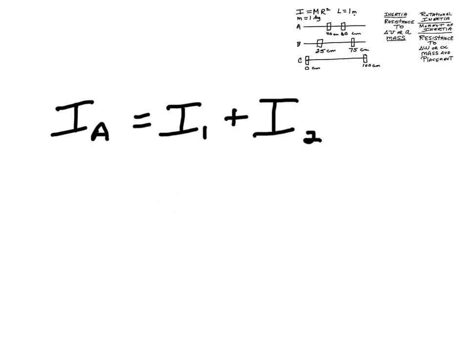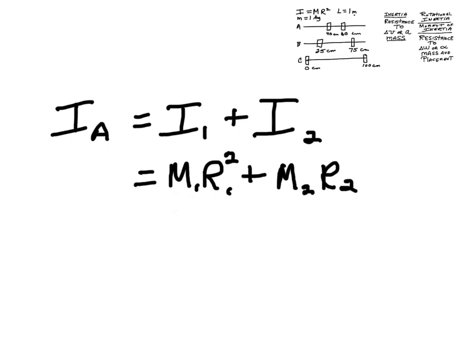And it'll be the same for all of those. So in this case, we would have for I, M1 R1 squared plus M2 R2 squared.